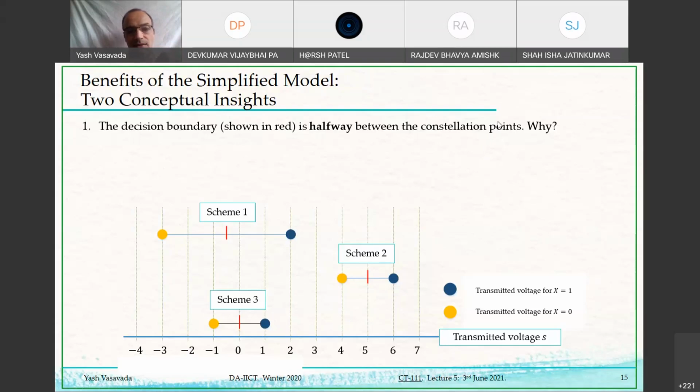So then why is the decision boundary halfway? Only then the minimum distance decoding will be possible. Yes. So Deep has correctly pointed out that only when we draw it halfway, then our Euclidean distance minimization will take effect.